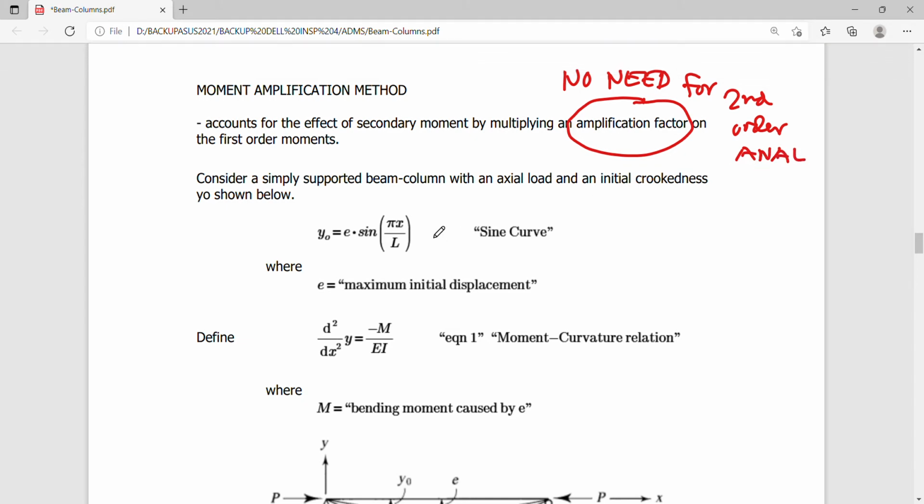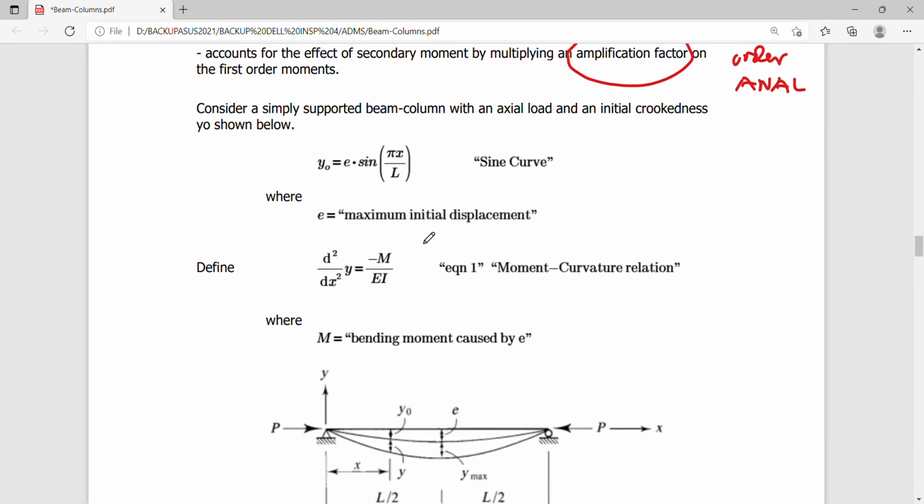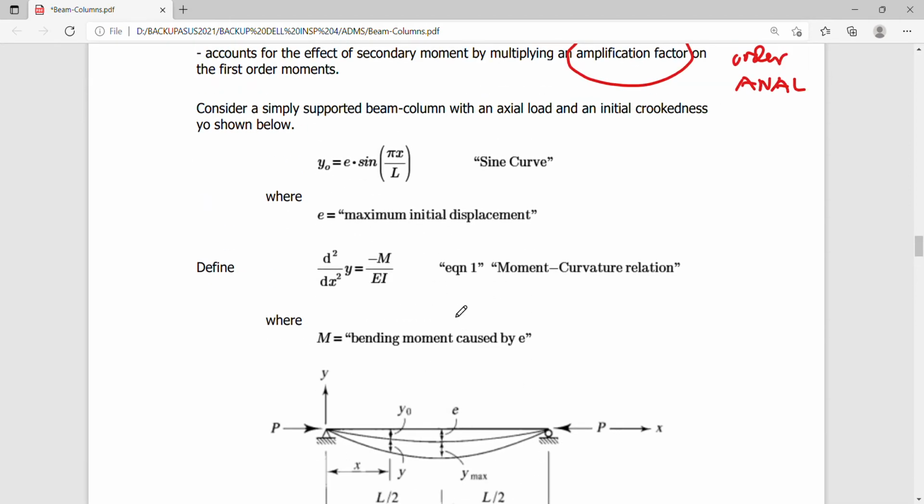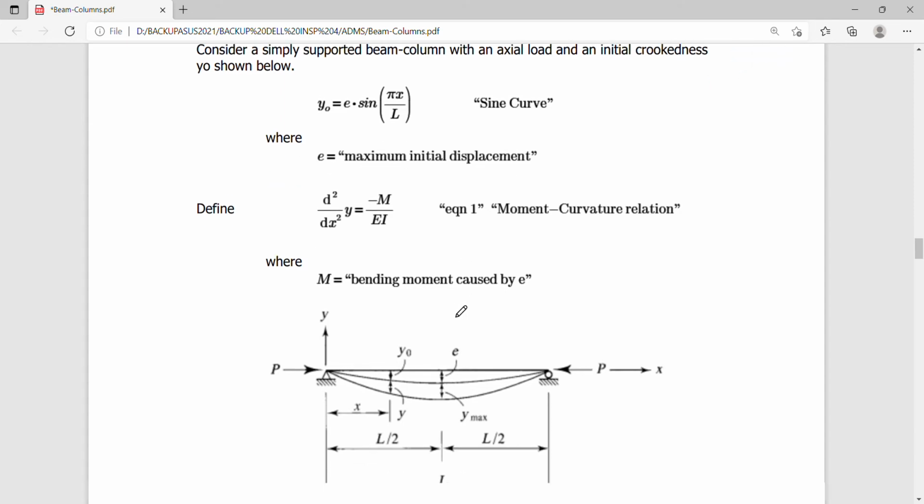So consider now a simply supported beam column below. You can see here the beam column with an axial load and an initial crookedness Y0 shown below.